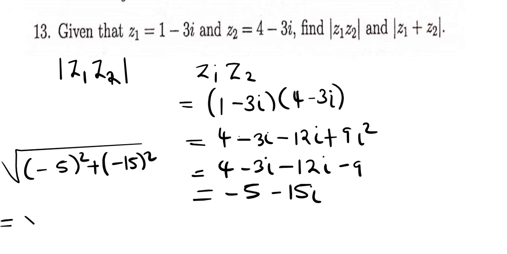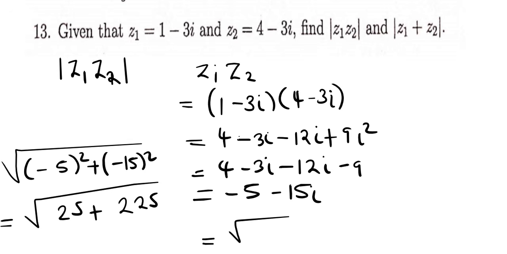So that will be the square root of negative 5 squared, that is 25, plus negative 15 squared, that is 225. Then I add what I have in the brackets, that will be the square root of 25 plus 225, that is 250, right?